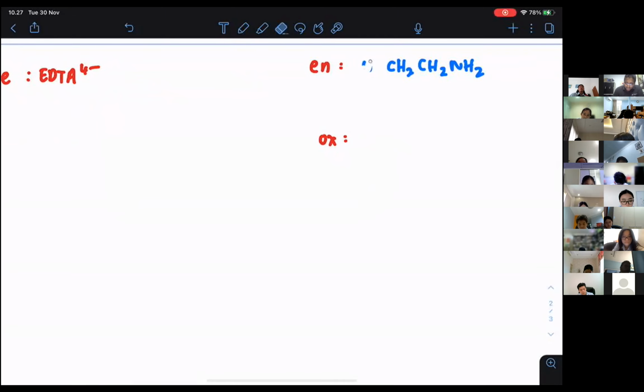It's going to be neutral. En is neutral. And then for OX, it's going to be C double bond O, O minus. Okay, this one we have already learned just now.